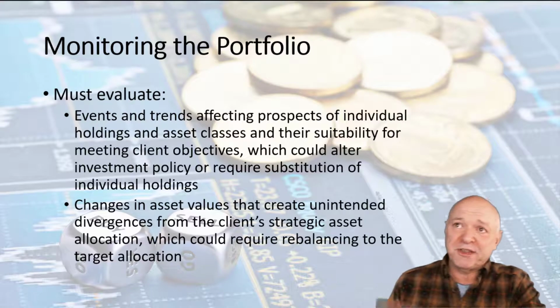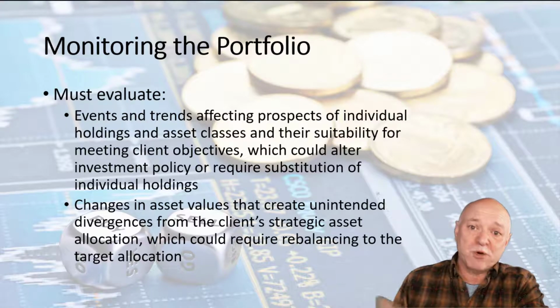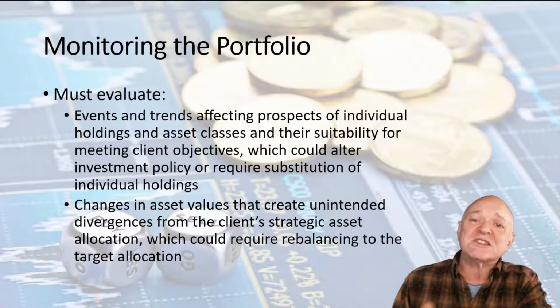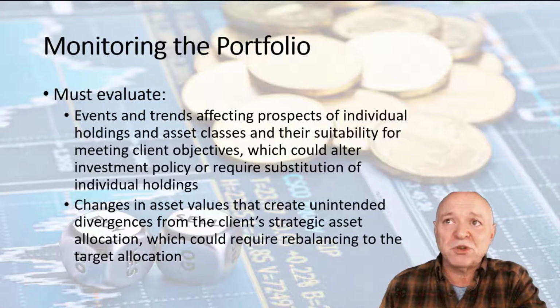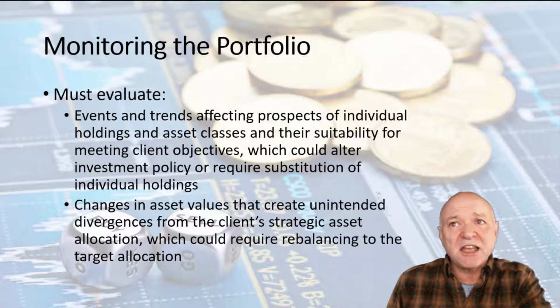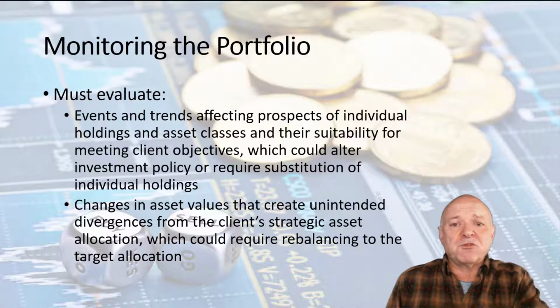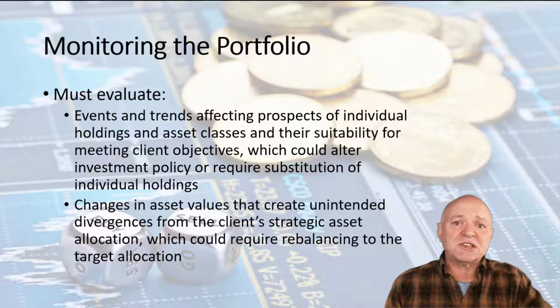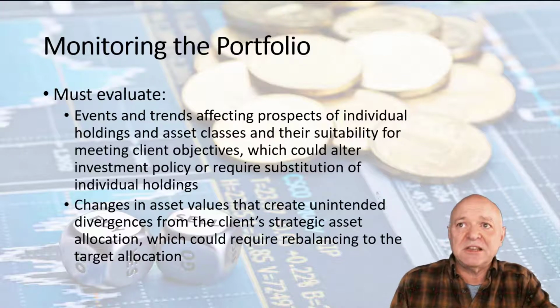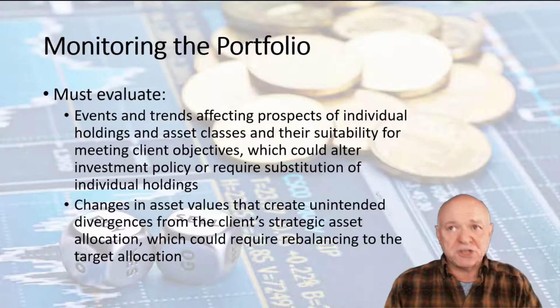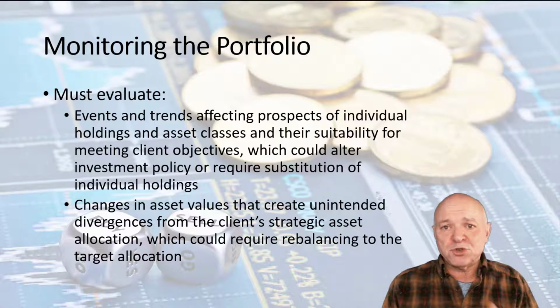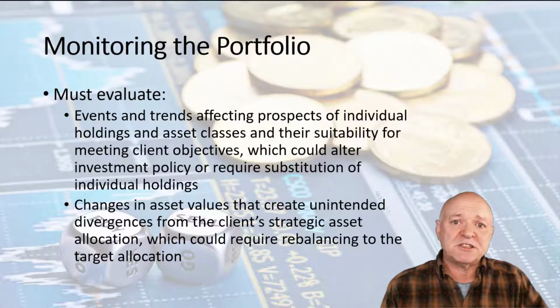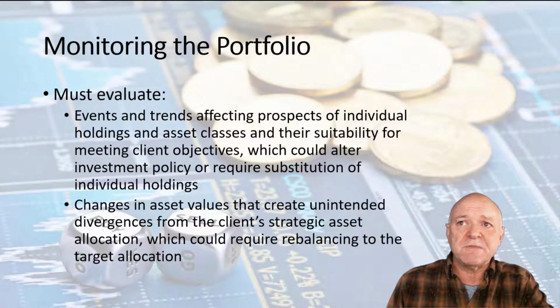Monitoring in general then requires an evaluation of events and trends that are going to affect the prospect of individual or fund holdings and asset classes, and suitability for meeting overall client objectives. Any of these things can affect our investment policy, strategy, and statement, and require short-term or perhaps even permanent substitution of different holdings.